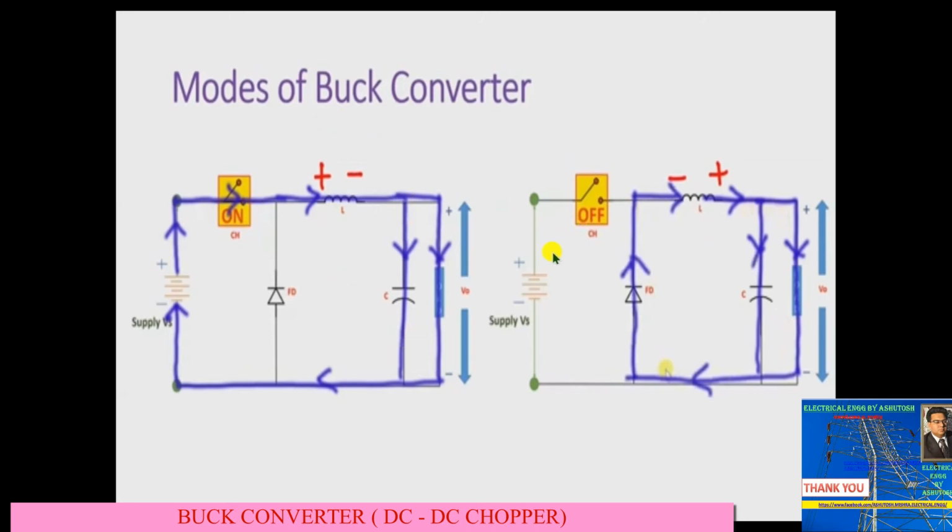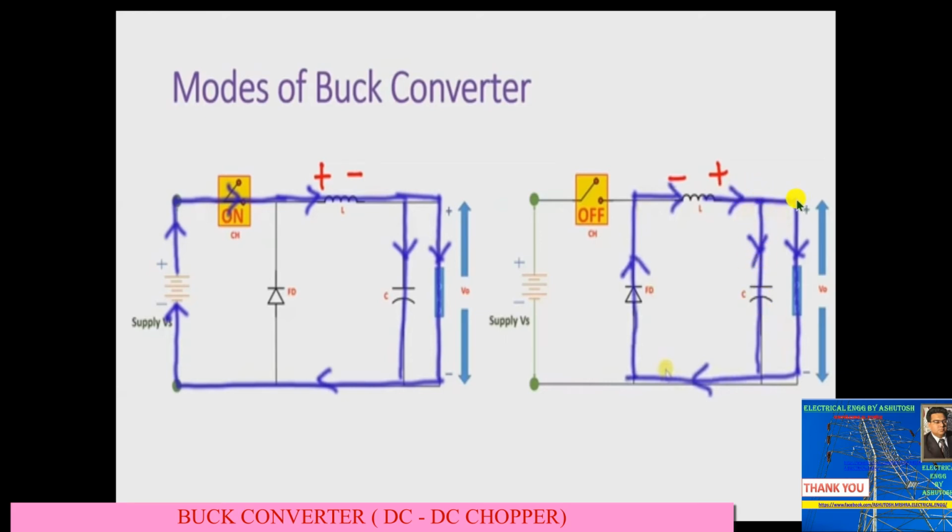Whenever the switch is off, it reverses its polarity in order to pass the current in the same direction. So the left side point becomes negative and the right side point becomes positive, so that current can maintain the supply through this inductor.